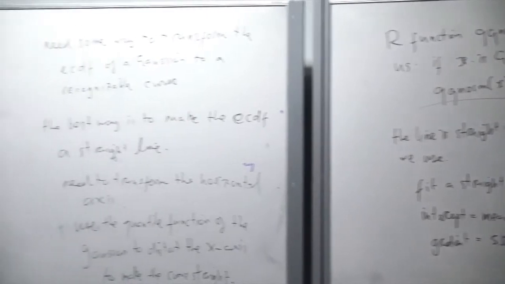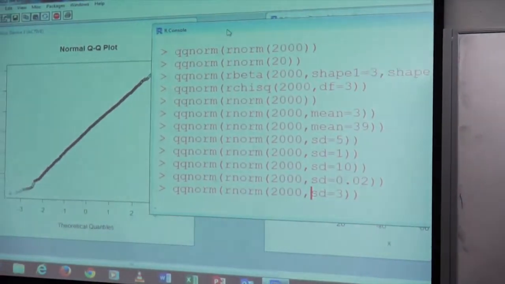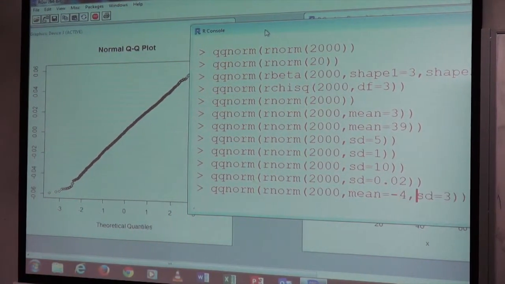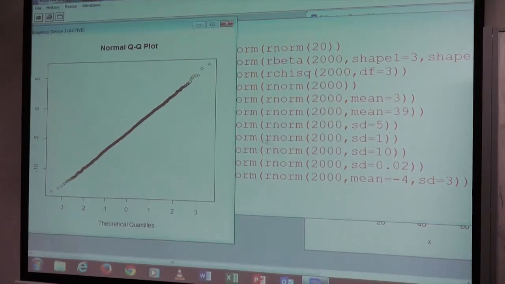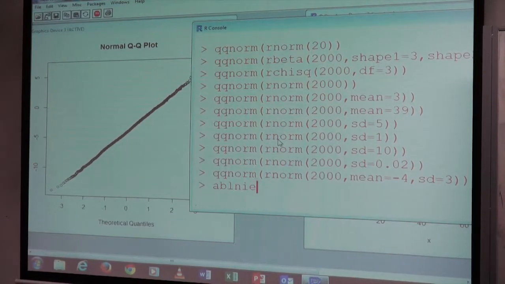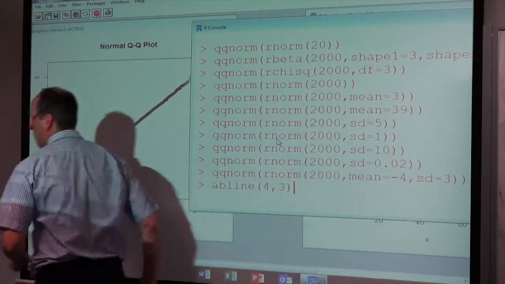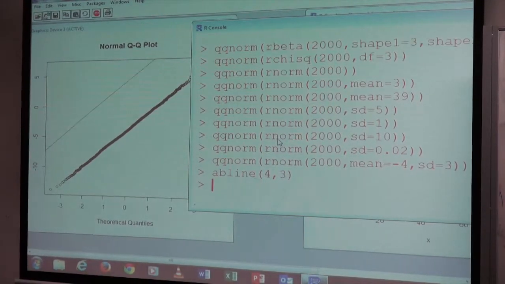So let's just have a look at this. Let's just do standard deviation equals 3, mean equals, let's say, -4, abline 4, 3. You see, this is where I'm not sure. Is it the standard deviation that's the slope or the variance? I can never remember. Let's just try the standard deviation.